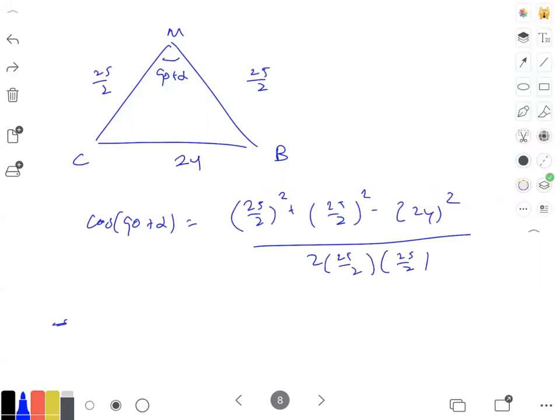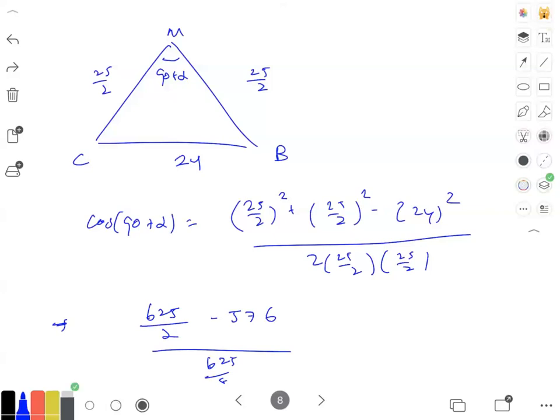Okay, so let's calculate this. So 25 over 2 squared is 625 over 4. If you add that 2 times, you get 625 over 2. And then minus 24 squared is 576, over 2 times 25 over 2 times 25 over 2, so we get 625 over 2.